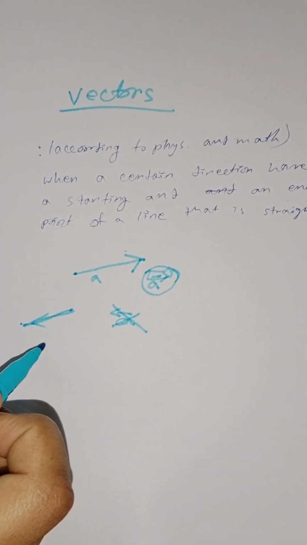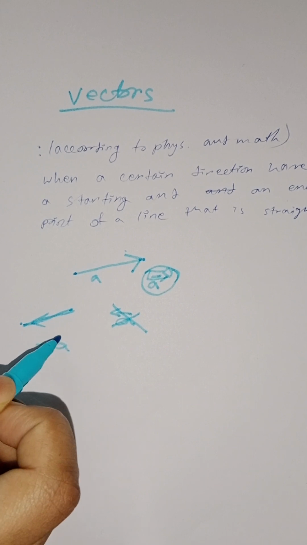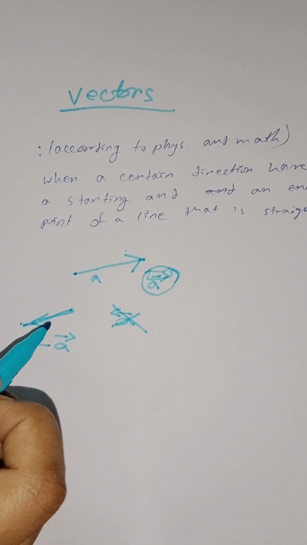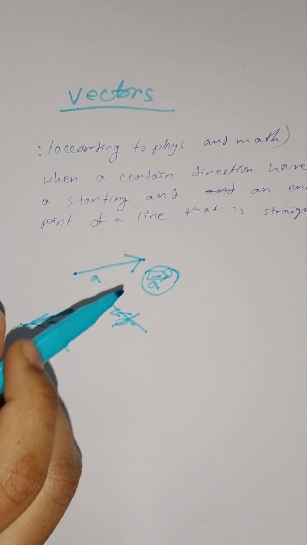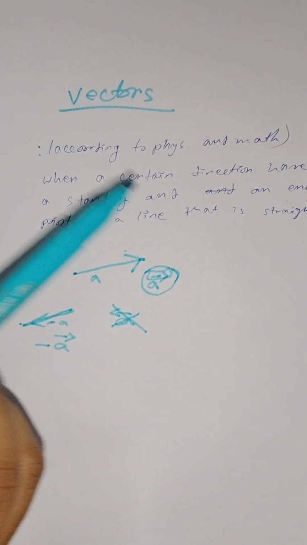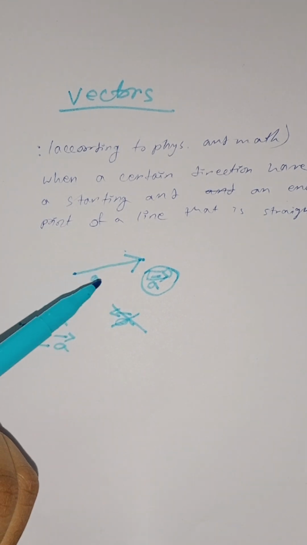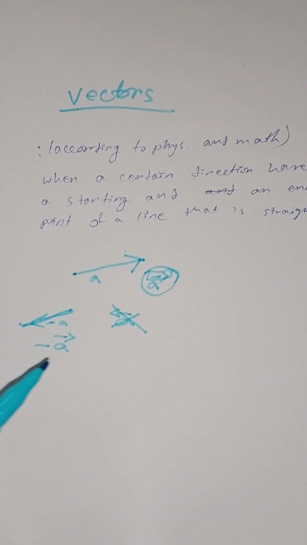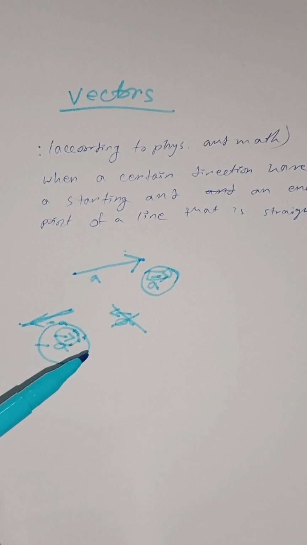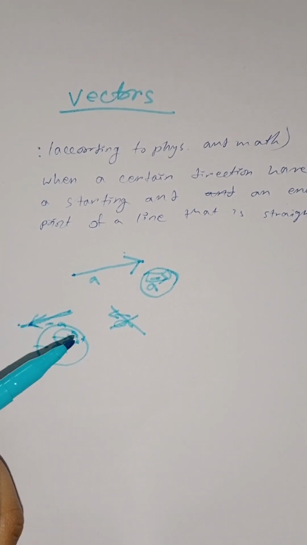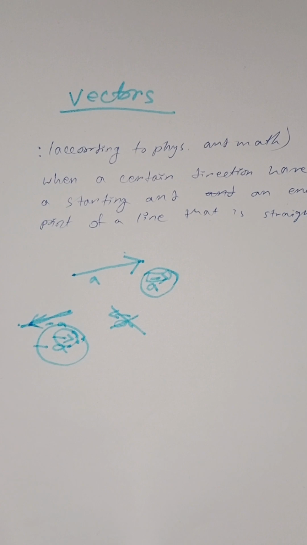We call this a negative vector A. Why? Because it's going in the counterclockwise direction. So when it is going in the counterclockwise direction, it is becoming negative. Mind you, this sign will never ever be counterclockwise, because that is just completely wrong.